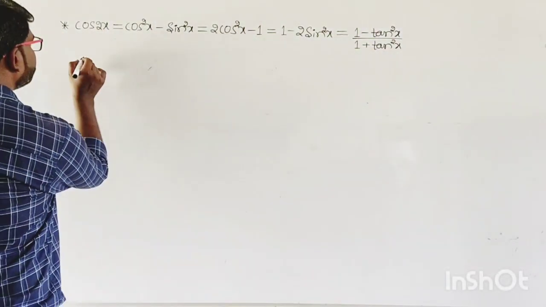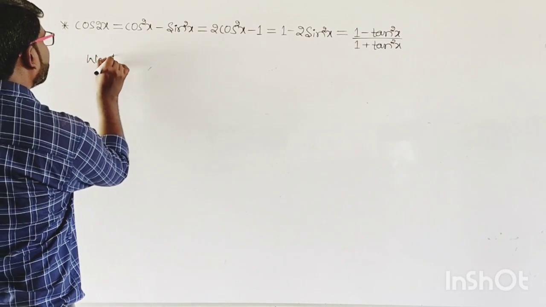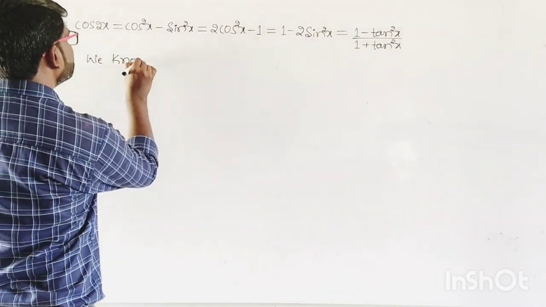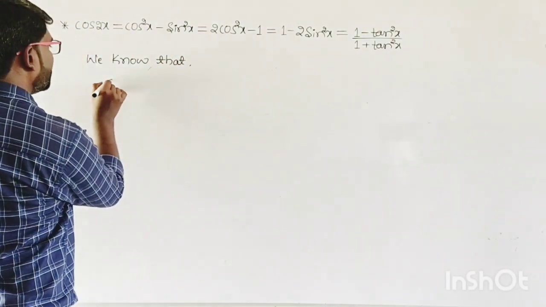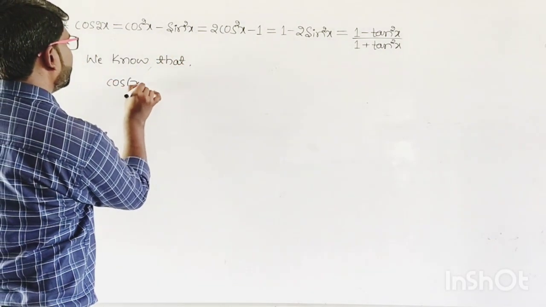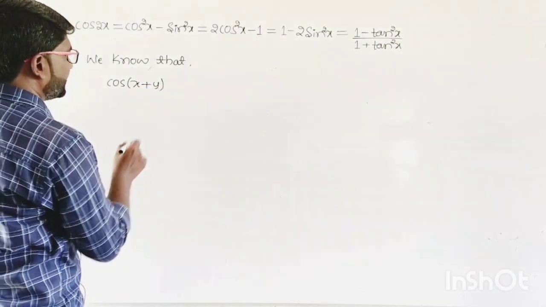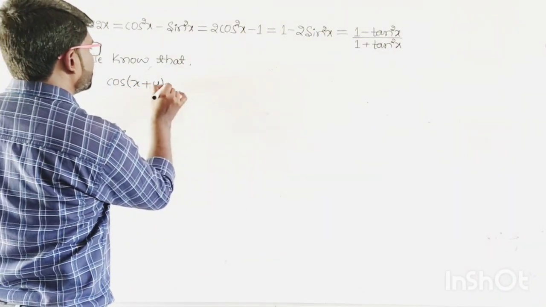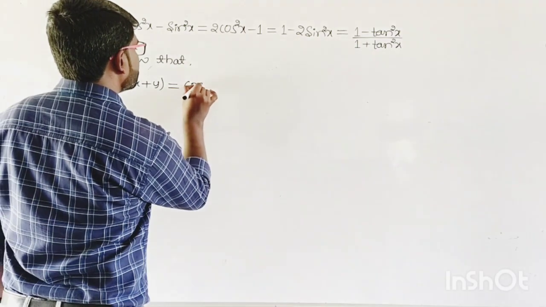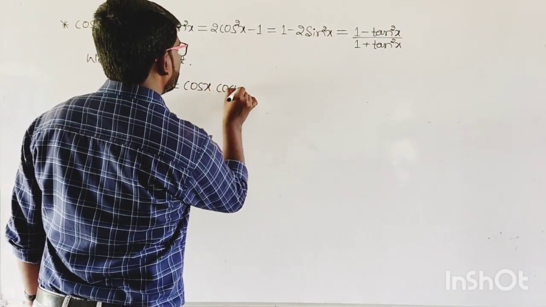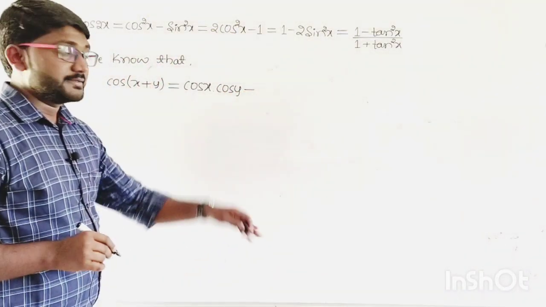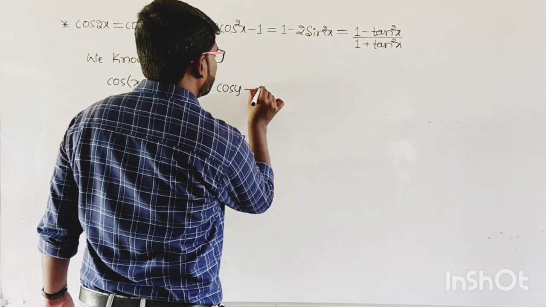So here we know that cos of x plus y is equal to cos x cos y minus sin x sin y.